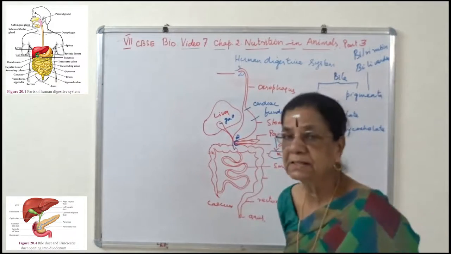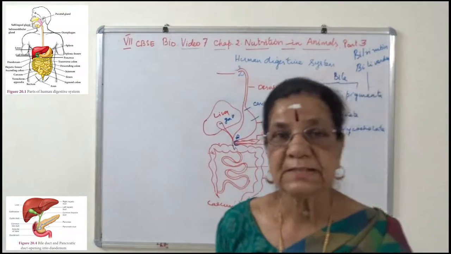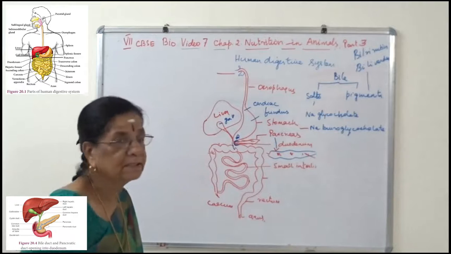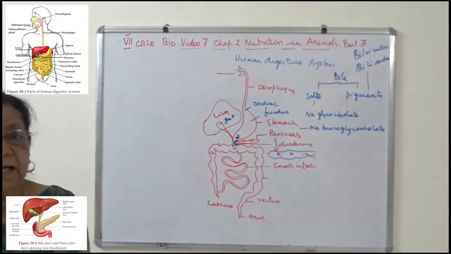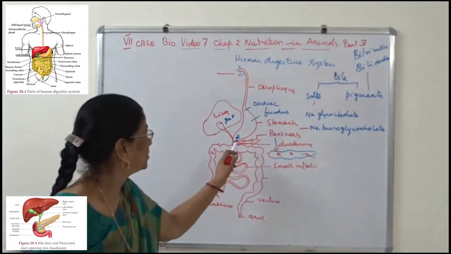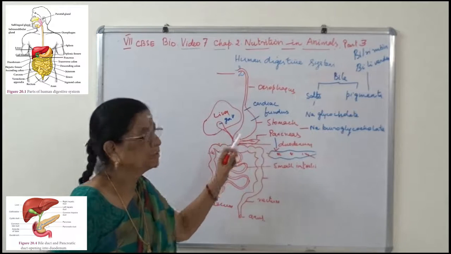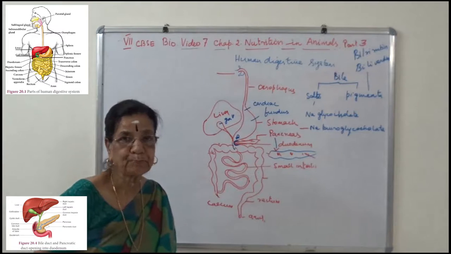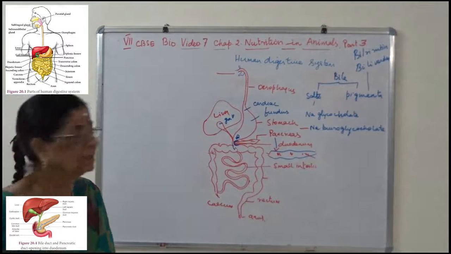So that is the pharynx, continued as the esophagus, and then the stomach, which has an anterior cardiac end and a posterior pyloric end. The body of the stomach is called the fundus. I hope you recollect this.